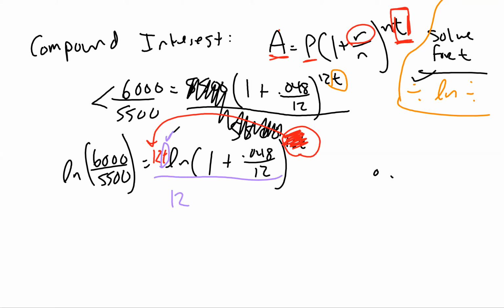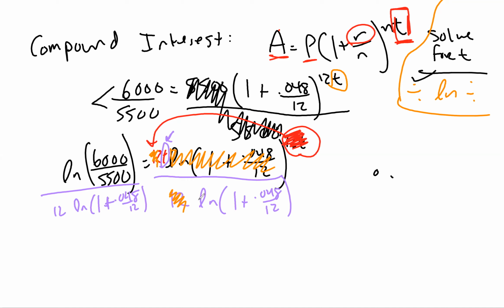T has to stay here. And then the ln of all of this stuff. I don't care what it looks like. All I care is that I'm doing it to both sides. So 12 ln of 1 plus 0.048 divided by 12. Now again, this is big and bad. I don't really care. And so what's going to happen is this 12 and this 12 are gone. The ln of all of this stuff and the ln of all of this stuff are gone.